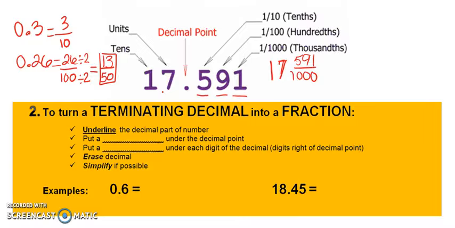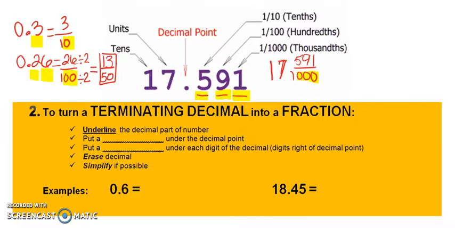It's time to make an observation. Notice, in the original decimal, there are 1, 2, 3 digits to the right of the decimal point. Now notice there are 1, 2, 3 zeros in the denominator. In 0.26, there are 2 digits to the right of the decimal, and when we first wrote it over 100, there were 2 zeros in the denominator. 0.3 has 1 digit after the decimal, and the denominator is 10, 1 zero.